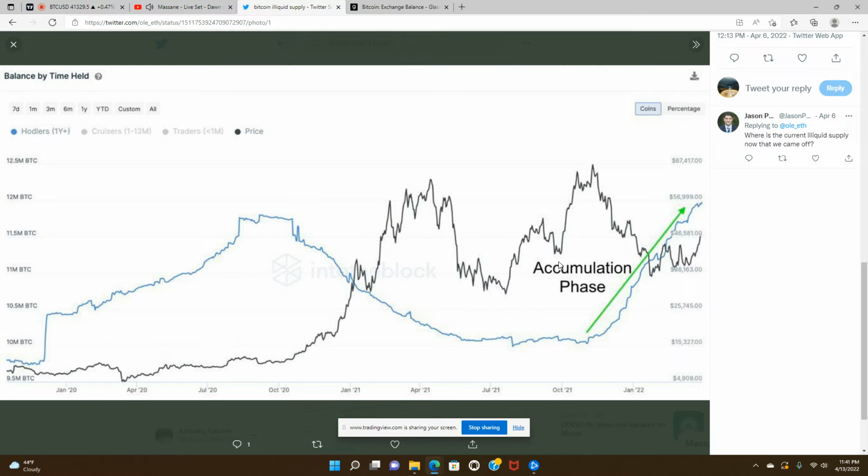So it's interesting to take a look at these type of things. It's not very relevant for day-to-day price action or framing any kind of short-term trade setup or entry or exit or anything like that. But it is interesting to look at on a fundamental level.